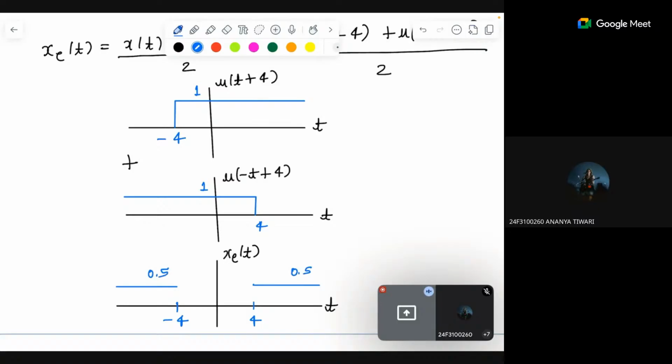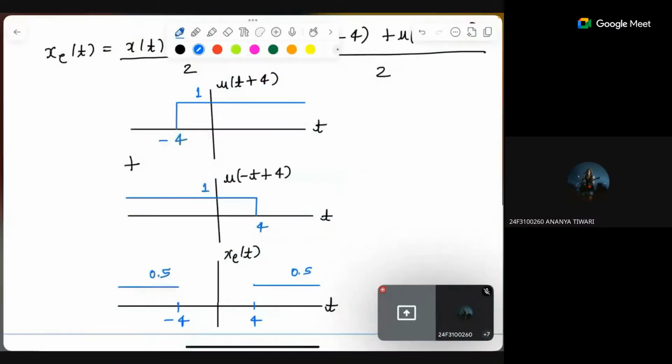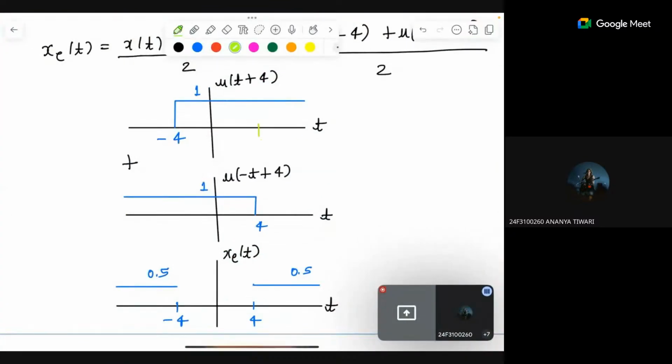Now let us come between minus 4 to 4. We found before minus 4 and after 4. Now between minus 4 to 4, the first signal is 1, right?